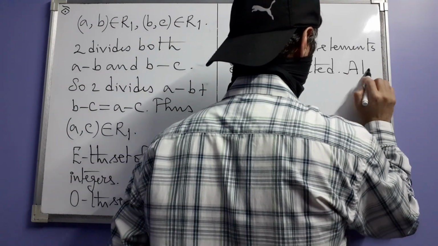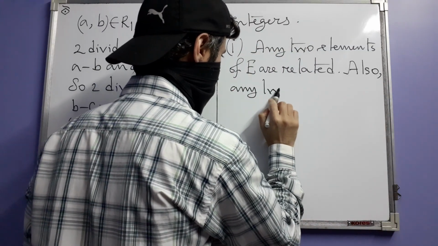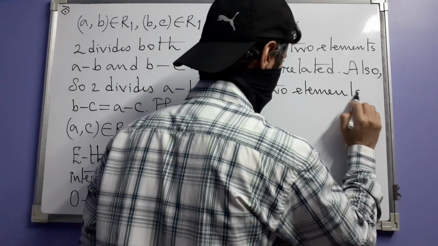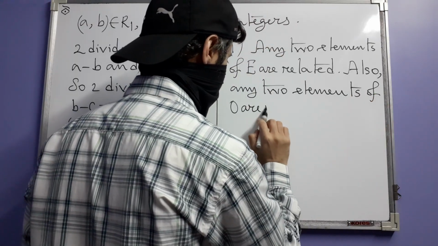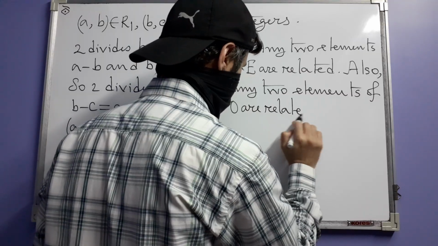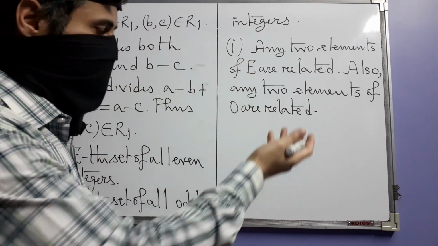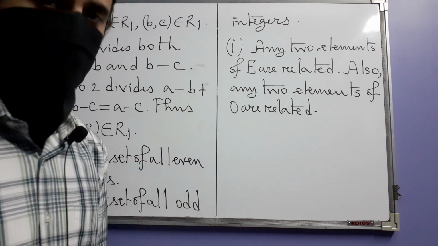Also, any 2 elements of O are related as well. Just like the difference of 2 even integers is even, the difference of 2 odd integers is also even.